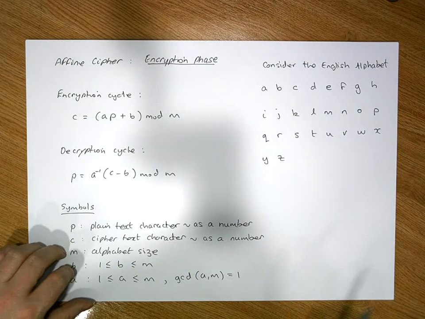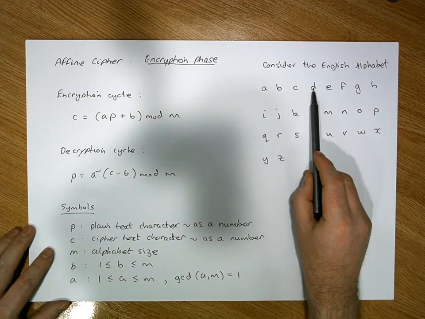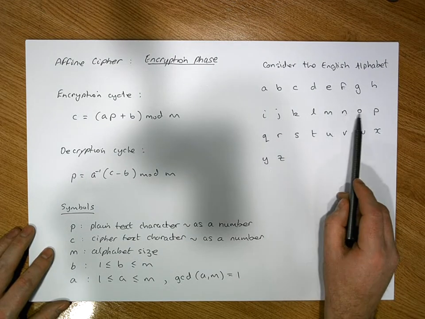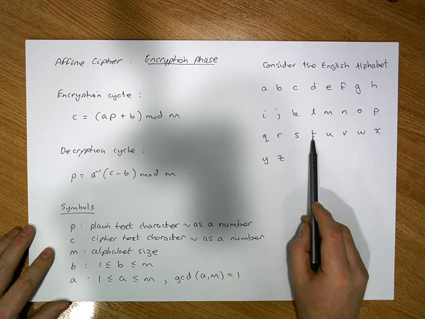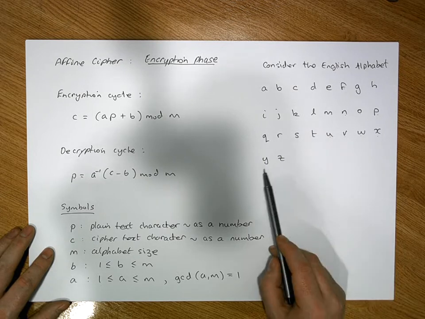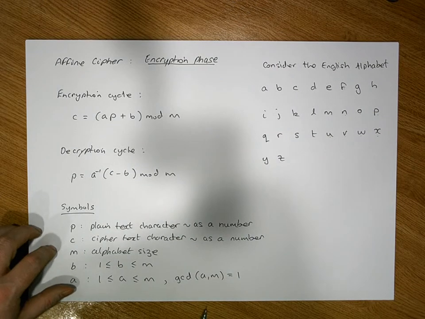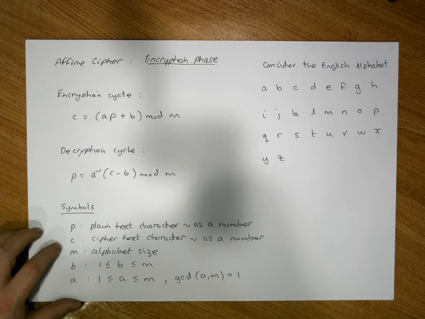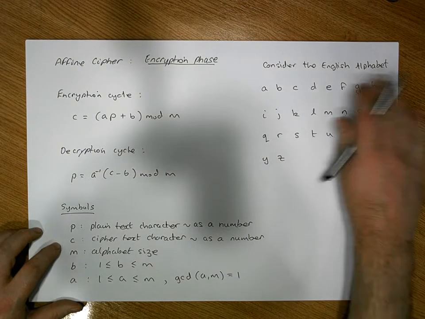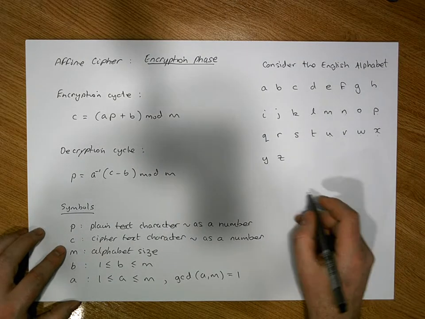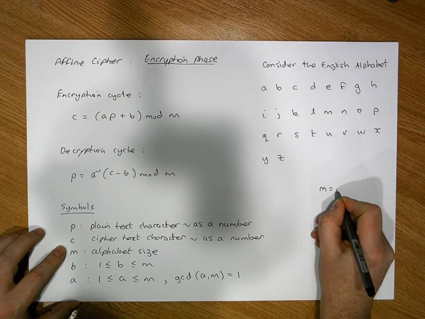We have 1 through 26, and we knew that already, there are 26 lowercase letters in the English alphabet. So in this case, M is equal to 26.